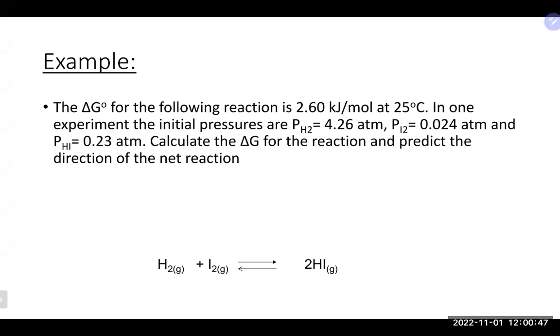All right, one last one here for the chapter. The delta G naught for the reaction is 2.6 kilojoules. In one experiment, the initial pressure of H2 was 4.26, I2 0.024, and HI 0.23. Calculate the delta G for this reaction and predict which way we would be going, reactants or products.